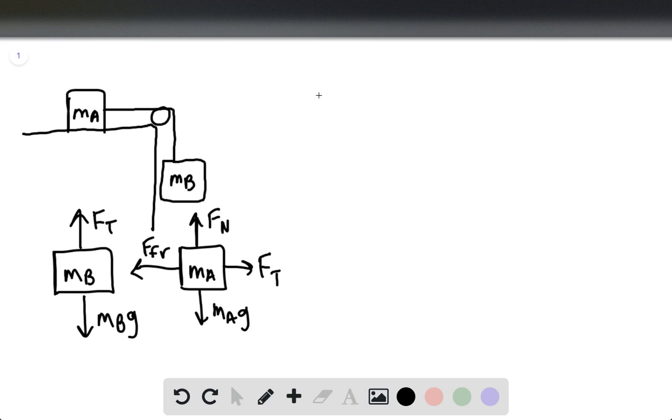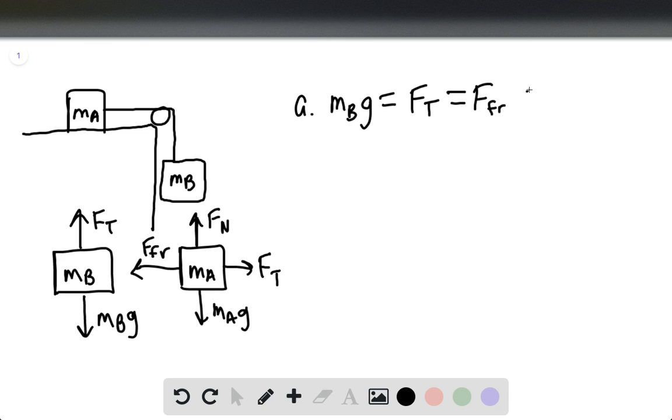So for part A, we can say that m sub B g equals the force of tension. And that's simply looking at the free body diagram for the second mass. And we know that the force of tension must equal the force of friction. And that's just looking at the free body diagram for the first mass.